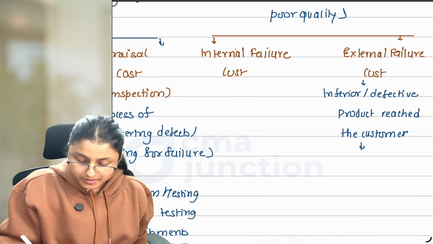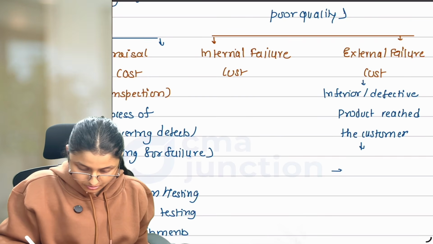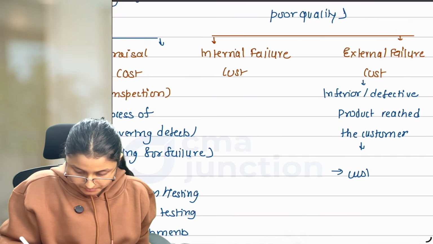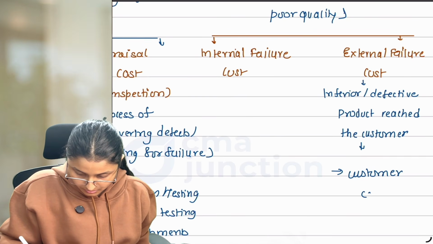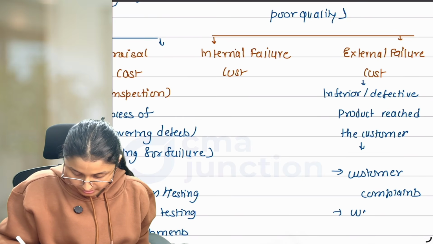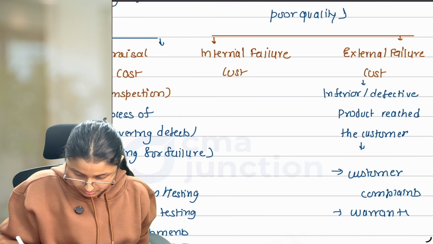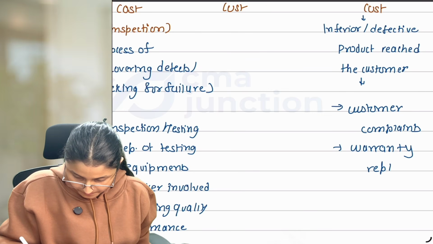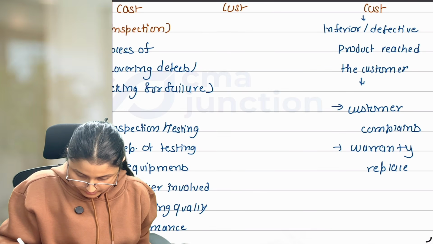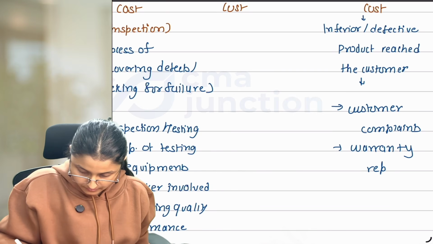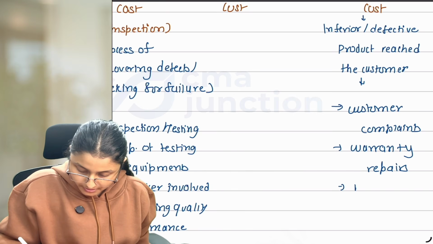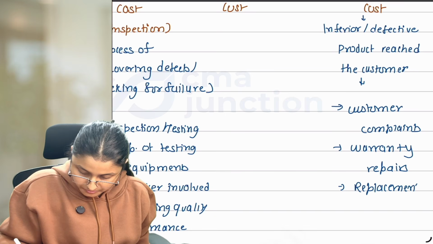Now, what happens when the defective product reaches the customer? Customer complaints arise. We need to provide warranty repairs. We might need to replace or return the product. So replacements might be there.